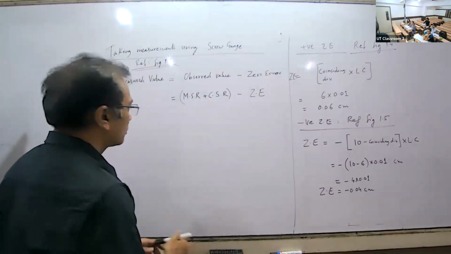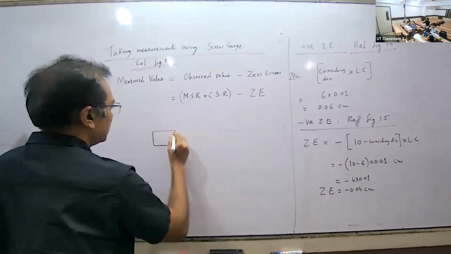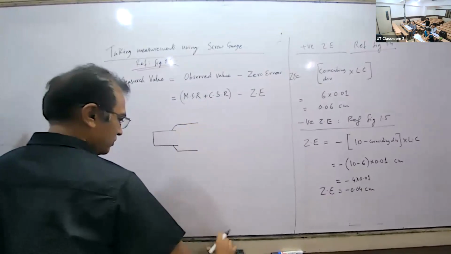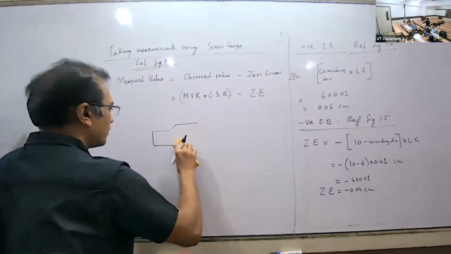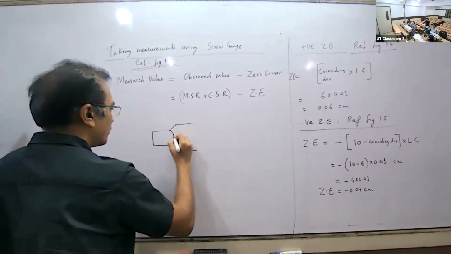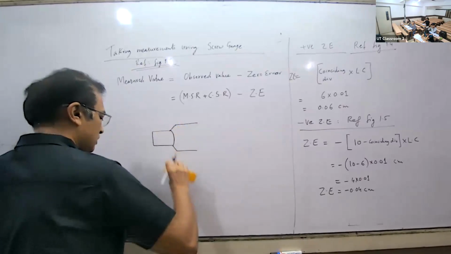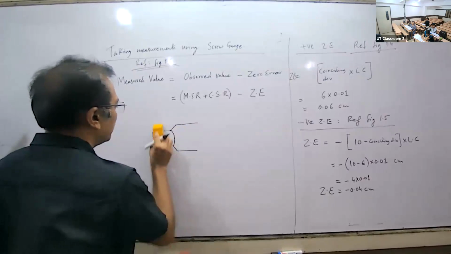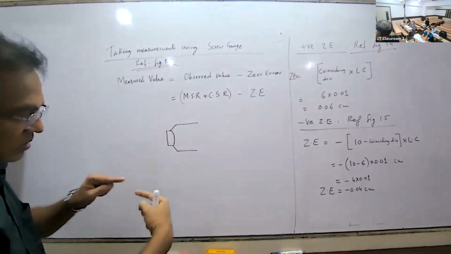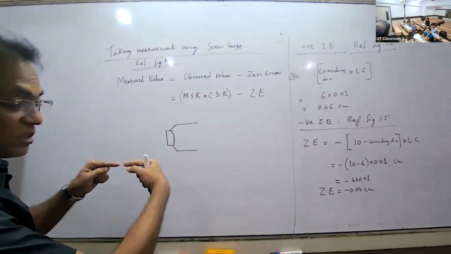Okay, now see. This is the main scale, and this is how your circular scale is. When the stud and the screw match, the stud is here and this is the screw, and the thing whose dimension you want to measure is kept in between.